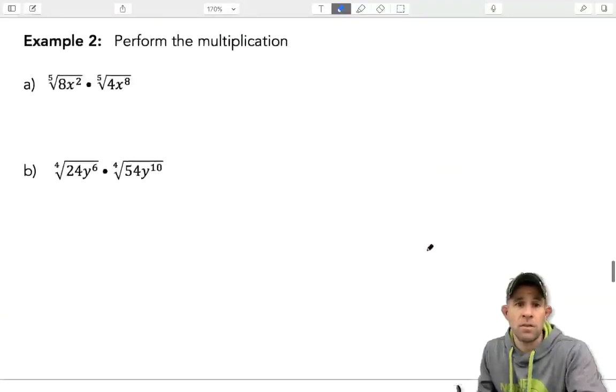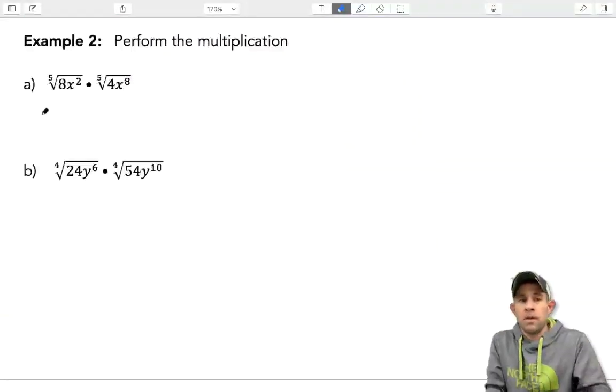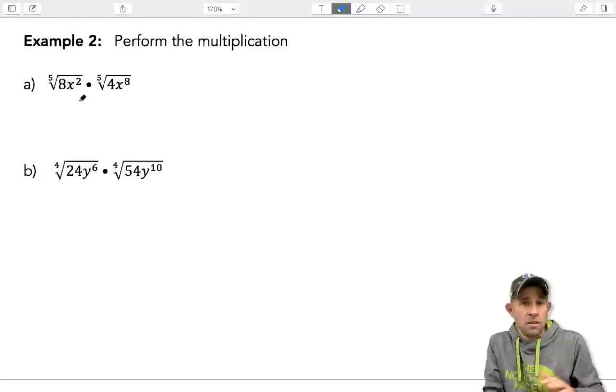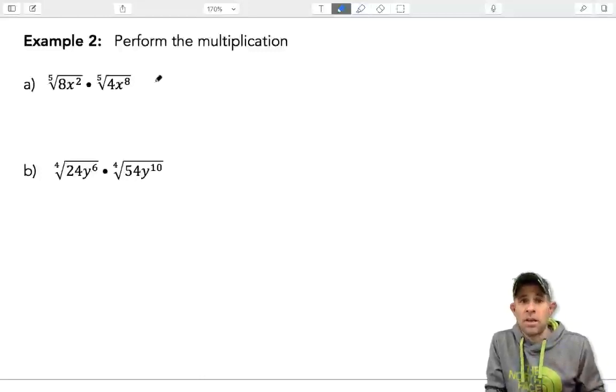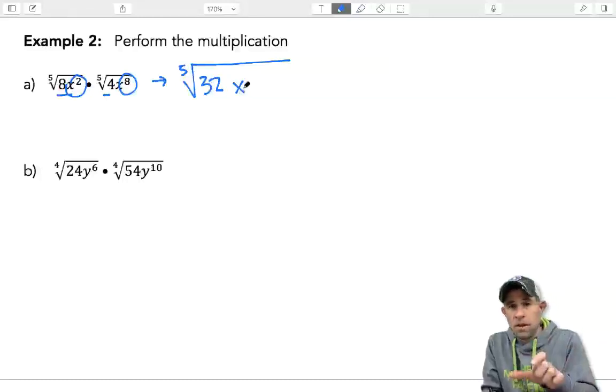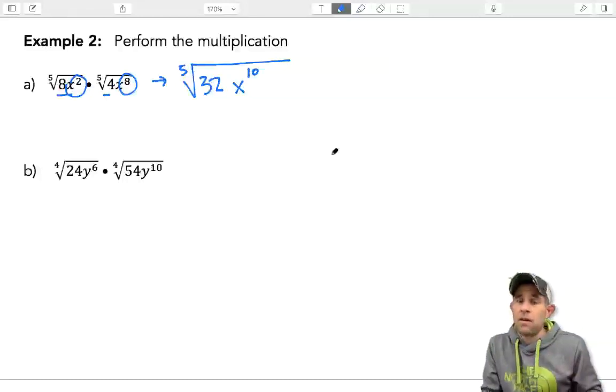Our next example says to perform the multiplication. So here we already have it separated. We're going to actually bring it together now. So we're going to take the fifth root of 8 times 4, which is 32, and then we'll have x squared times x to the 8th. Now, when we multiply x squared times x to the 8th, remember we need to add our exponents.